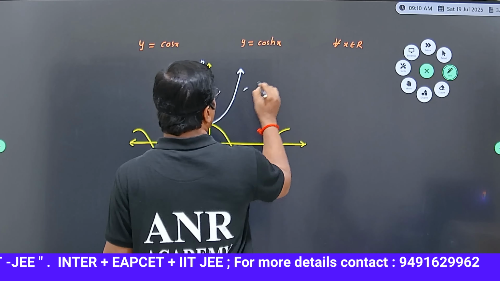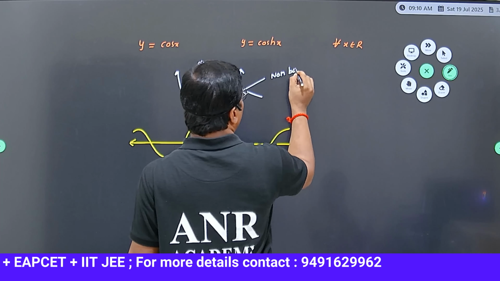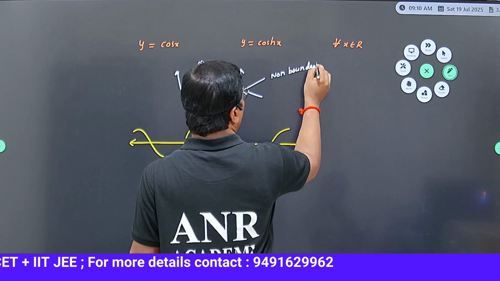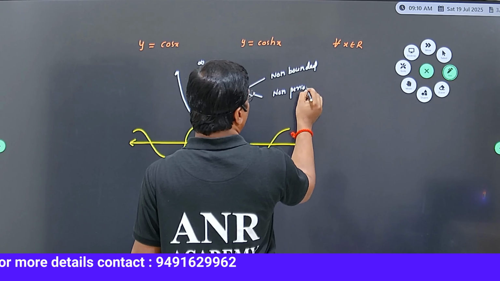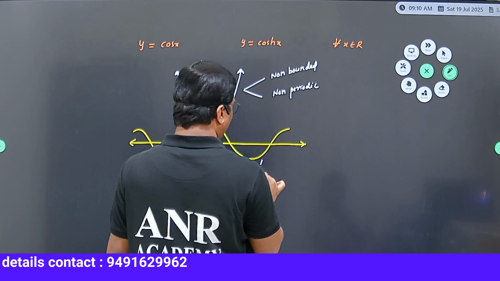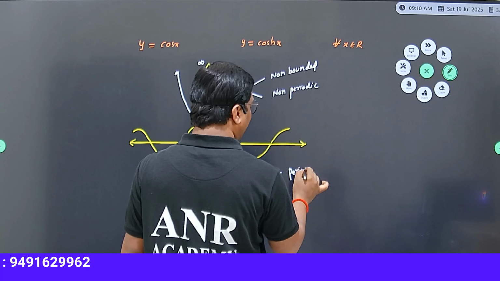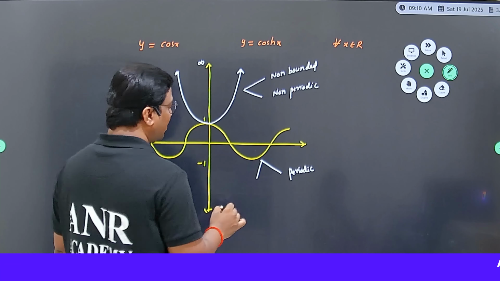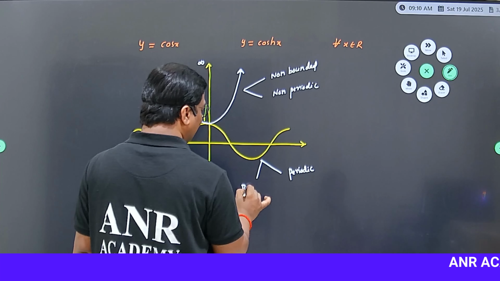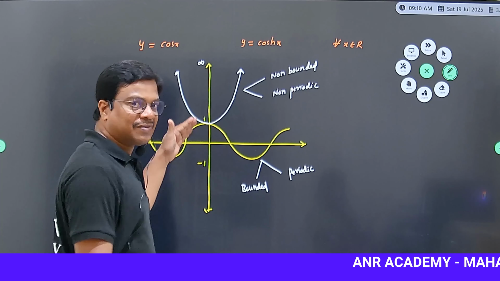No. Here it is unbounded, also non-periodic. But the cosine function is periodic, the graph repeats, and it is also bounded, with its range from closed minus 1 to plus 1.